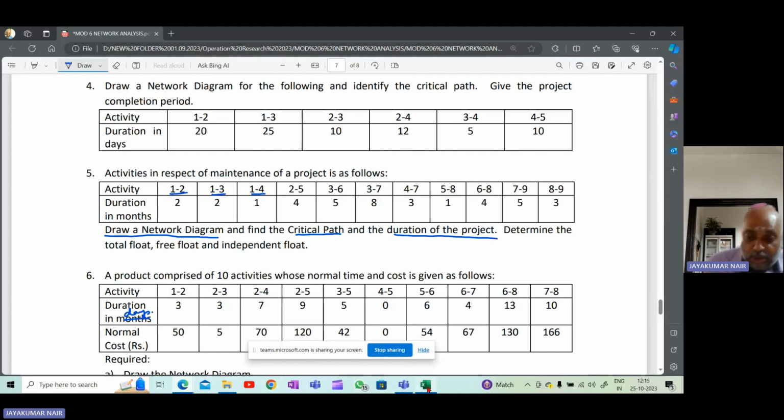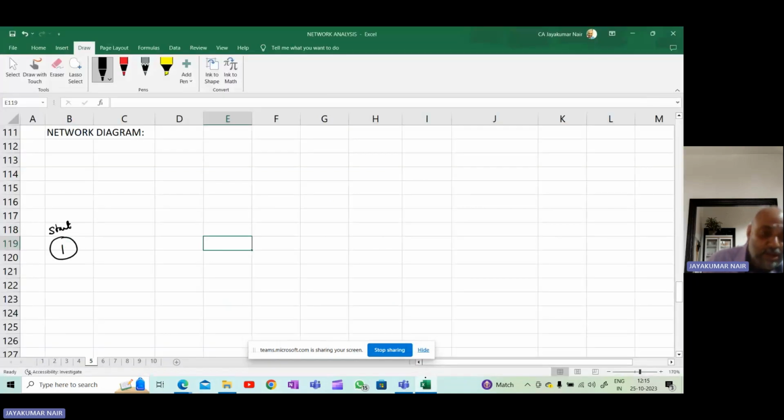So I will draw the network diagram here. 1 to 2. Then I'll write 1 to 3 and 1 to 4. Remember, when you're writing these, these are called nodes. This is 2, 3, and 4. The numbering should be in the forward direction.